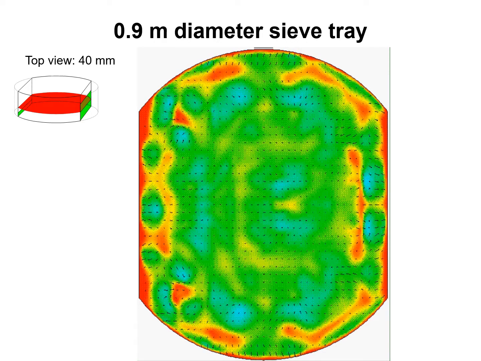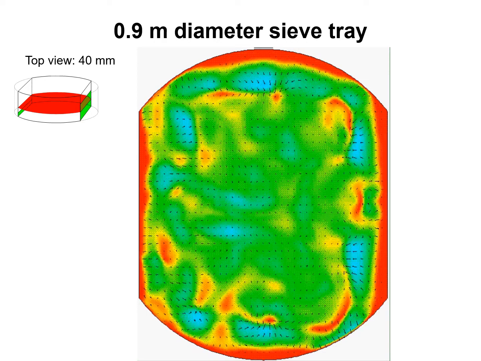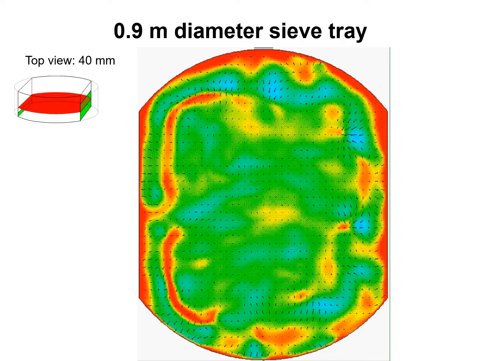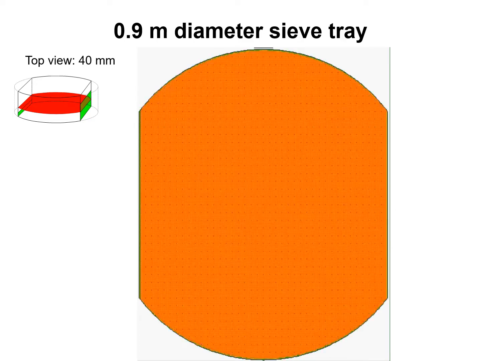You can see a number of pockets that indicate a multiplicity of well-mixed pools on the tray.